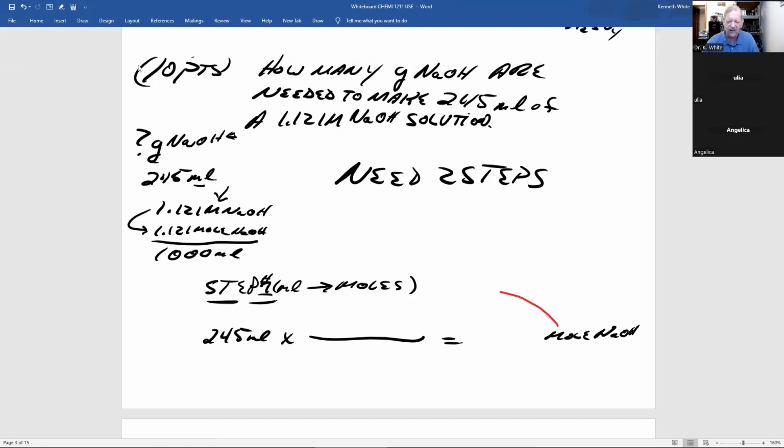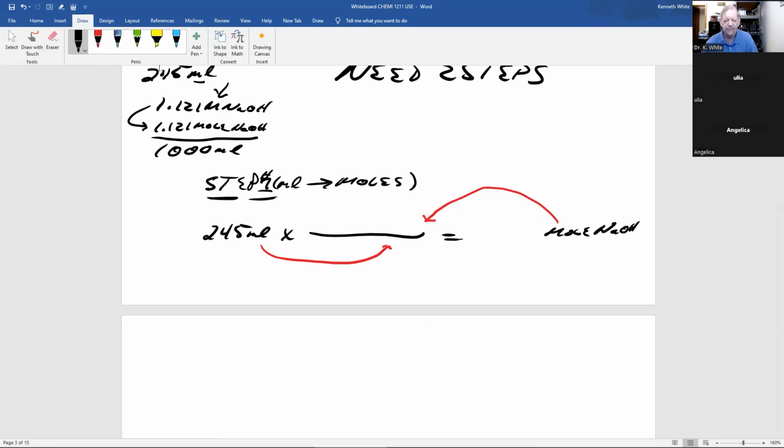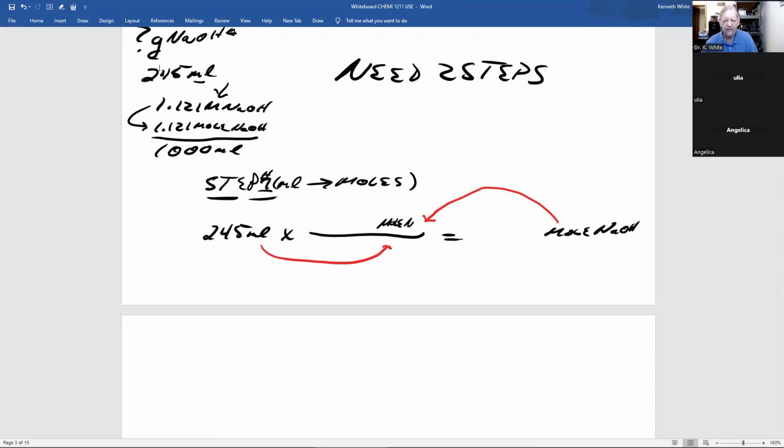Whatever we're trying to get to goes on top of the ratio. Whatever we're trying to get rid of goes underneath the ratio. And now write that in. And where do I get these numbers?